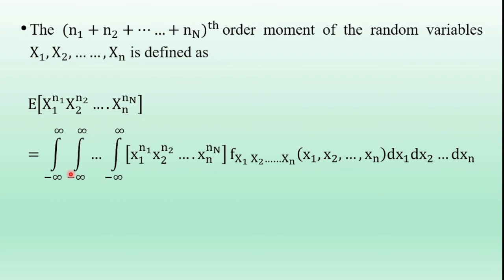What are the two random variables? Capital X and capital Y. The n plus kth order moment of the two random variables is defined as expectation of x power n into y power k, which is equal to the double integral of x power n y power k into the joint probability density function dx dy.